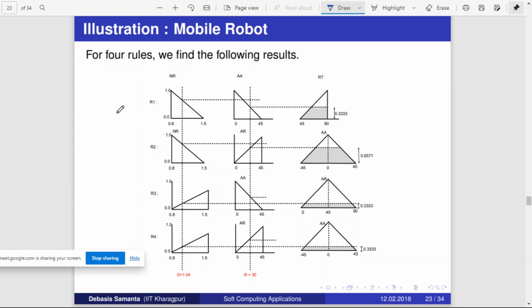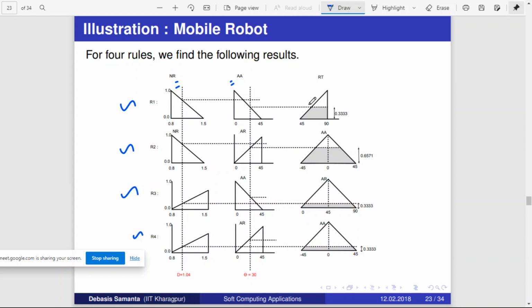Near and AA. In that case the robot will take a right turn. It will go towards the right. It will deviate towards right. That is specified by this membership function. The second case is near and ahead right.